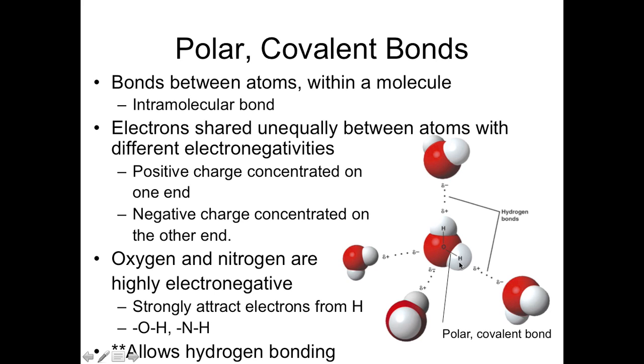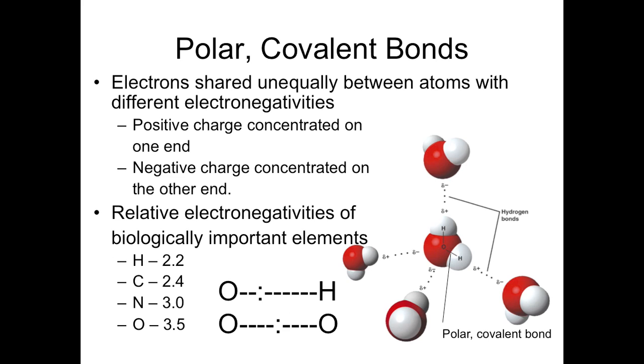And then hydrogen does not have as much of the electrons surrounding it, and so hydrogen is associated with a slightly positive charge. And because you have these partial charges on the molecules, you have electrostatic attractions. So partial positive charges are attracted to partial negative or even fully ionized negative charges. And this is the basis of hydrogen bonding.